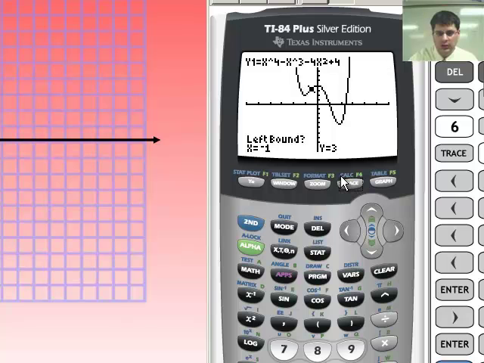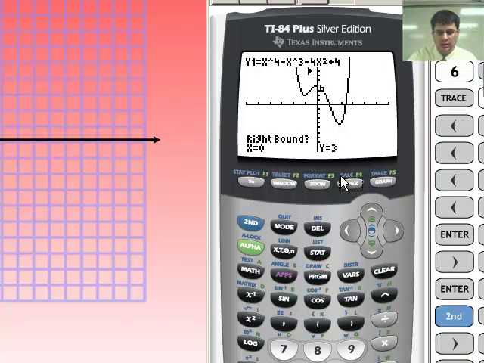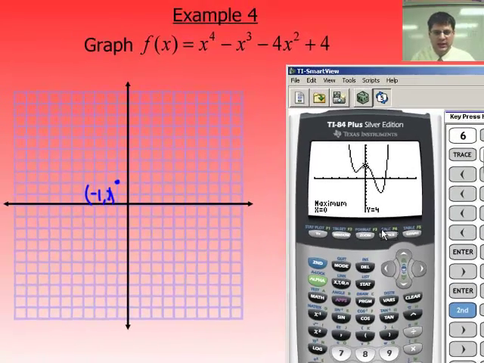So here's a local maximum, this little hump here, so I'll press enter, and here, so it's like the top of the hill. We want just on either side, just to the left of it and just to the right of it, and that's at 0, 4.